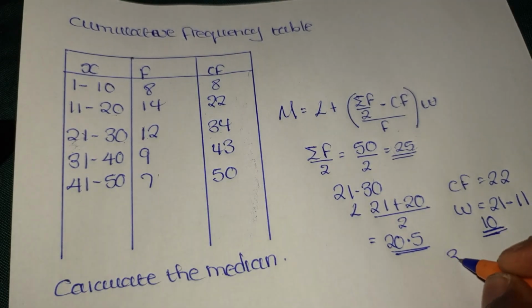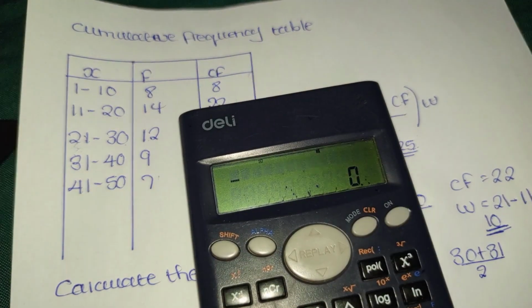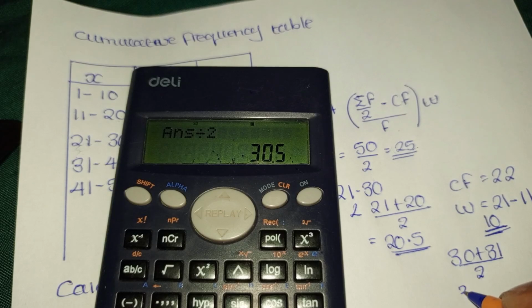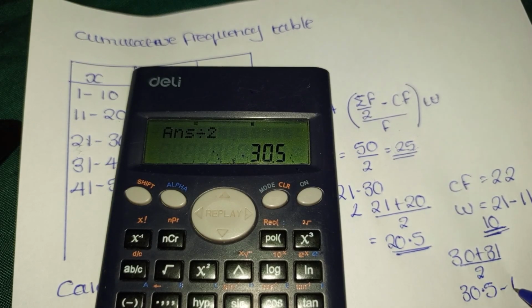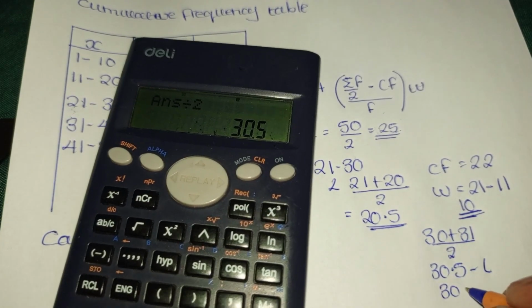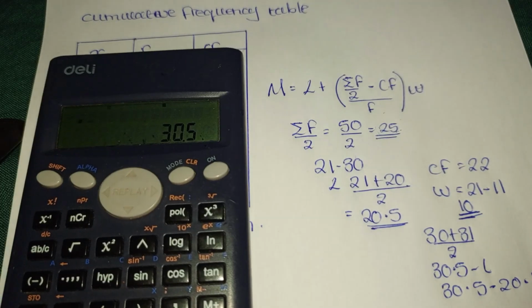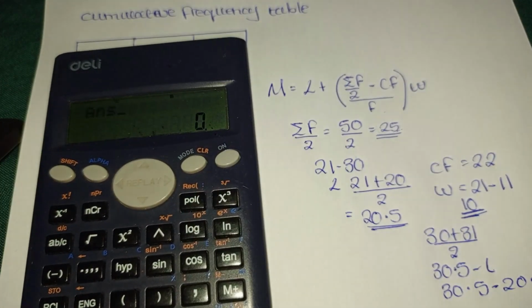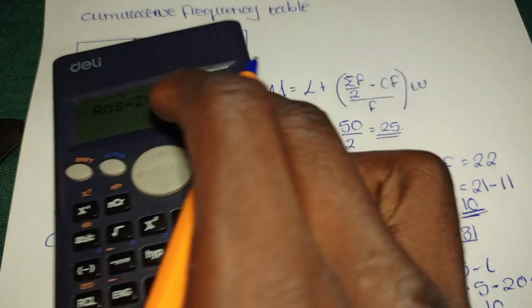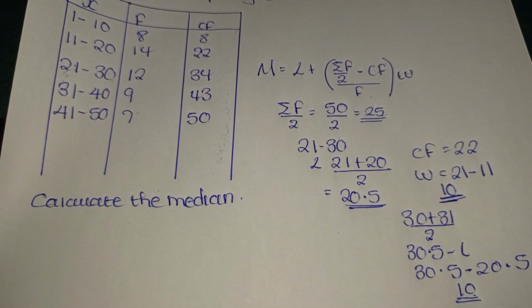So 30 plus 31 divided by 2 gives 30.5, and you subtract the lower boundary, which is 20.5. You still get 10. So you can calculate the width in two ways, and the answer will still be correct.